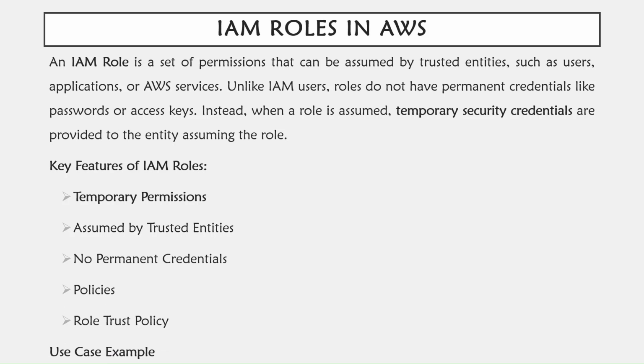So here I'm creating an IAM role with a policy granting access to the S3 bucket. For example, the policy might allow the EC2 instance to list and upload files to an S3 bucket. Then, assigning the role to the EC2 instance: when launching the EC2 instance, you can assign the IAM role to the instance. The EC2 instance will now assume the role and use the temporary security credentials to access the S3 bucket.